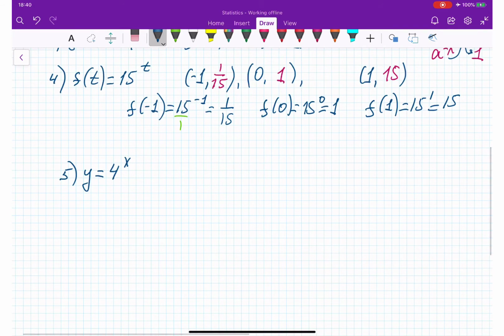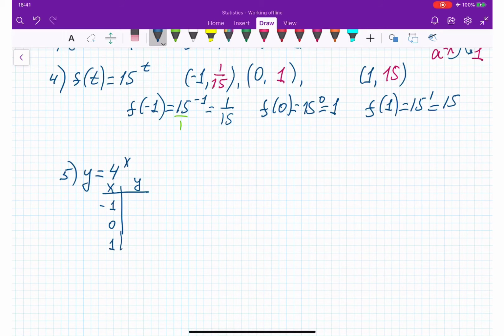Since we are graphing this exponential graph for the first time, we can build a table. We take one point from the negative x area, then 0, and then one point from the positive x area. I'm taking negative 1, 0, and positive 1.